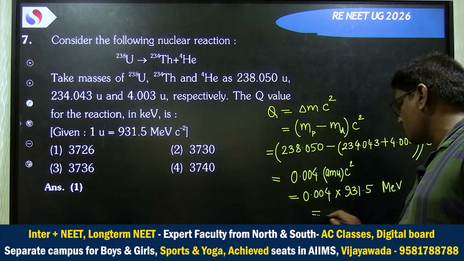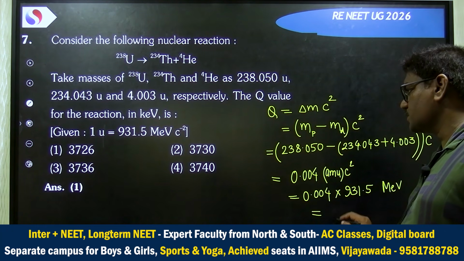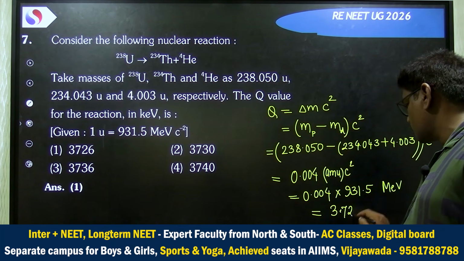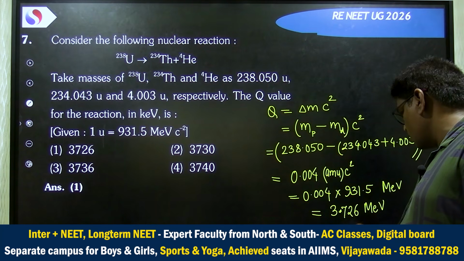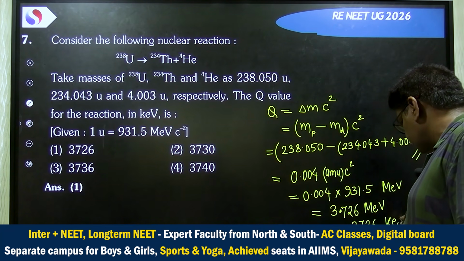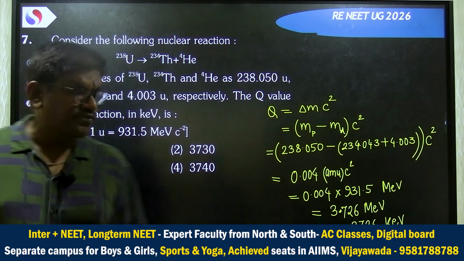So when you calculate, this is coming as 3.726 MeV. Converted into kilo, it is 3726 keV. Alright, so we have to find the answer in kilo electron volt.